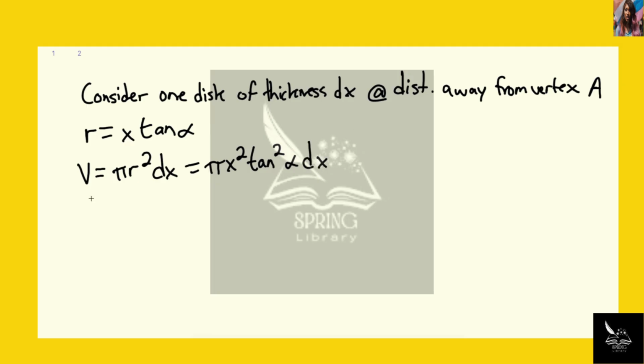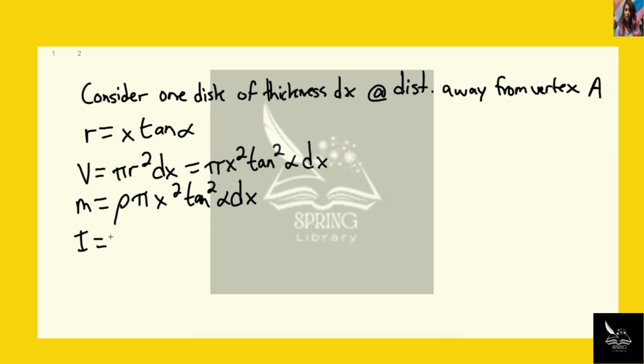At this point, the mass of this disk is going to be equal to rho times pi x squared tangent squared of alpha times, again, dx.